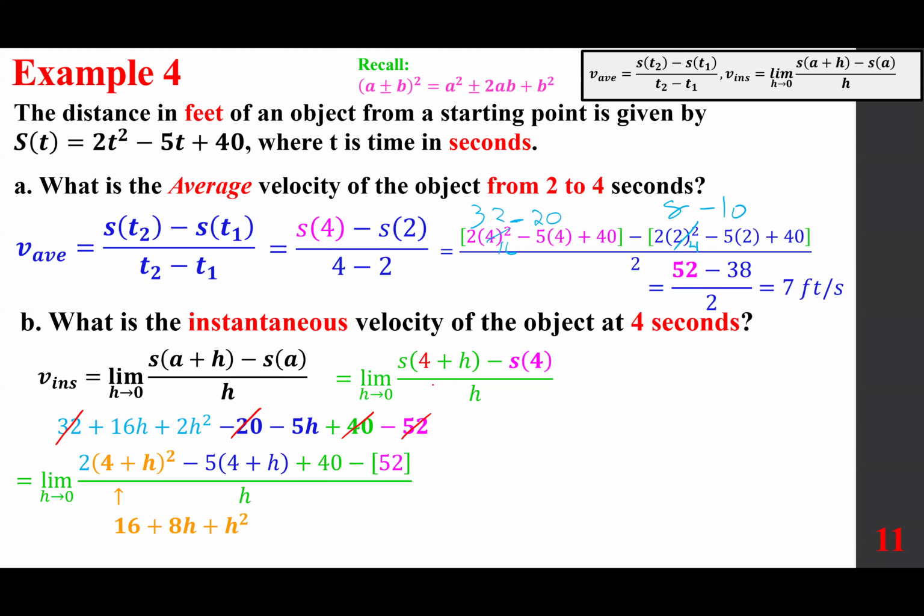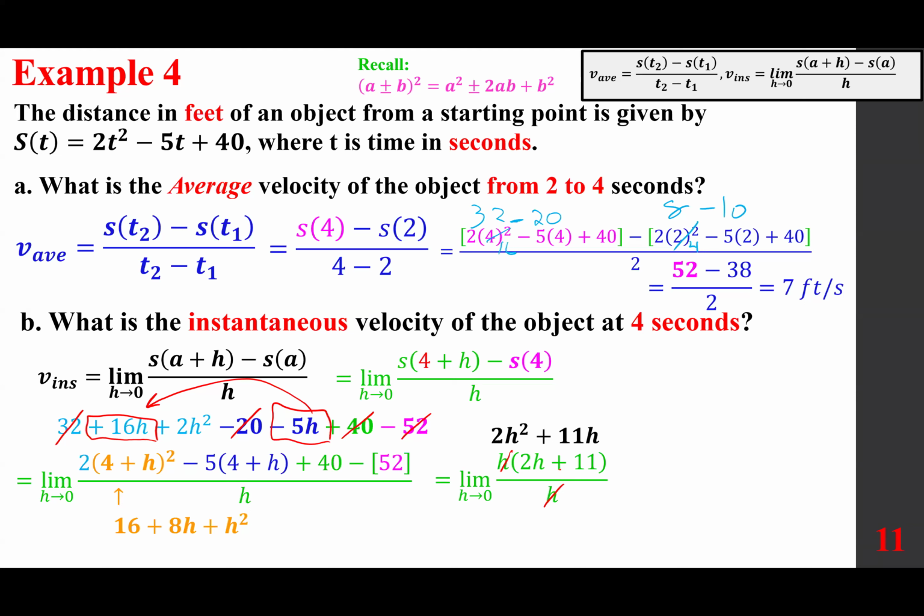Now we have 2h squared at top, as well as 16h and minus 5h. These two add up to 11h. So we have 2h squared plus 11h. We can factor the h out. So it cancels out the h in the denominator.